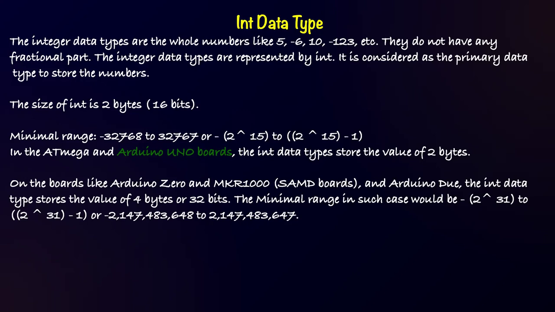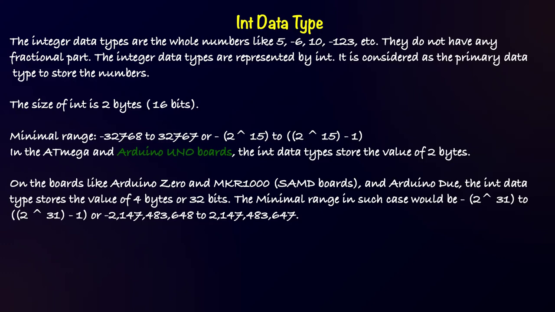The size of int is 2 bytes, that is 16 bits. 8 bits make 1 byte, so 16 bits will make 2 bytes. Minimal range is -32768 to 32767, or -2 to the power 15 to 2 to the power 15 minus 1. That's the minimal range. In the Atmega and Arduino Uno boards, the int data type stores the value in 2 bytes.